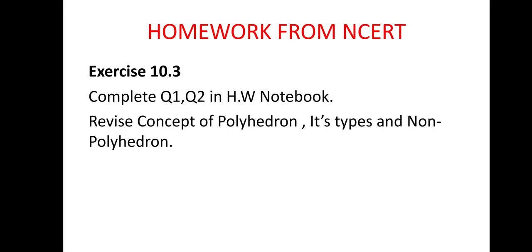A non-polyhedron is a solid which has a curved face, or we can say solids not having flat faces are known as non-polyhedrons. For example, spheres, cylinders and cones are not polyhedrons because they are not made up of polygonal regions, that is, they do not have flat faces.